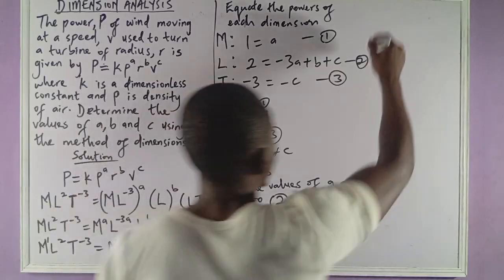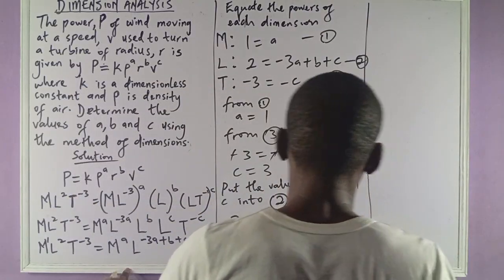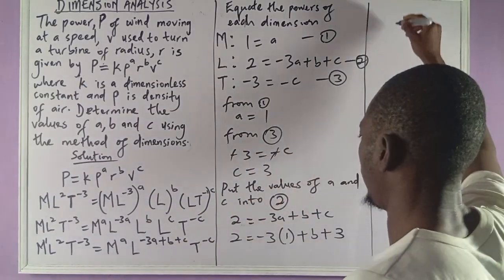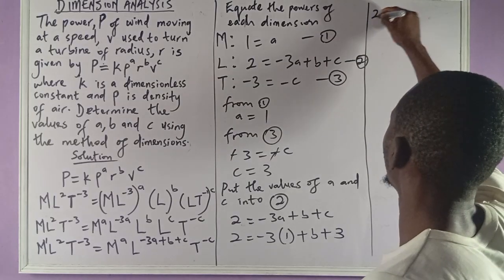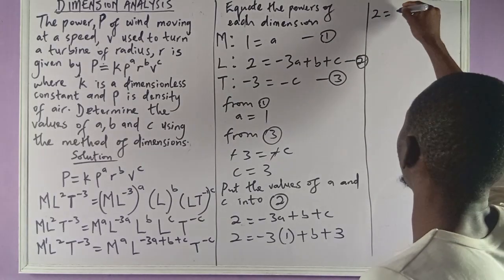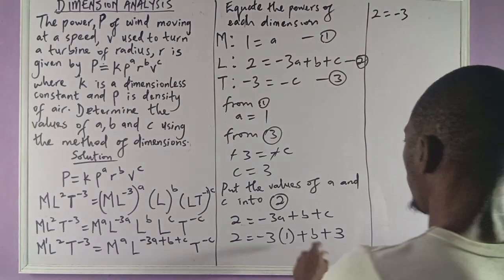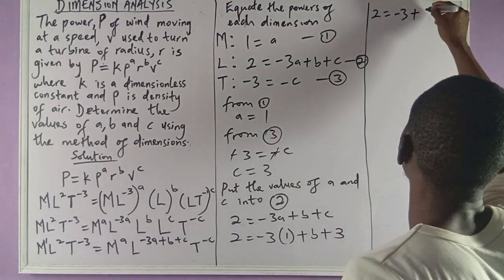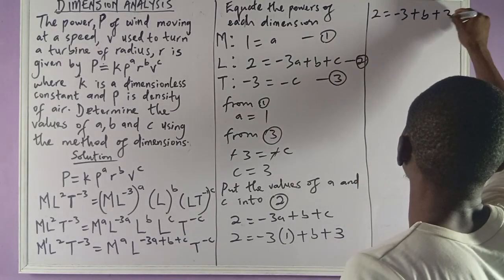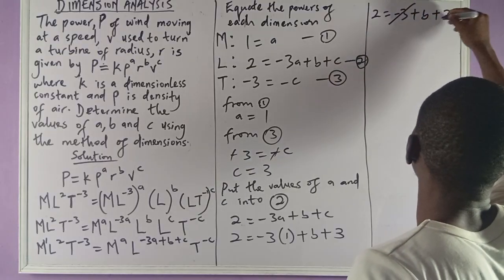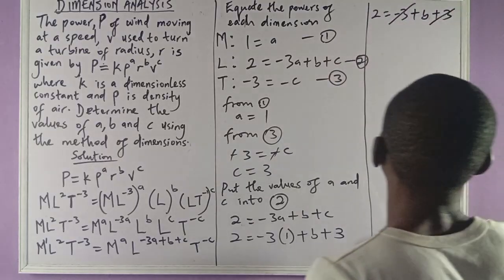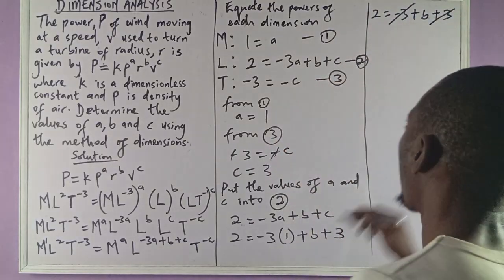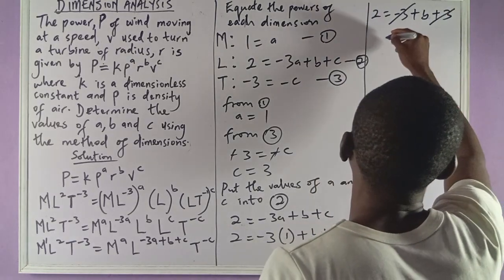And at this point we have 2 is equals to -3 plus B plus 3. So minus 3 will definitely cancel plus 3 out, because minus 3 plus 3 is 0.